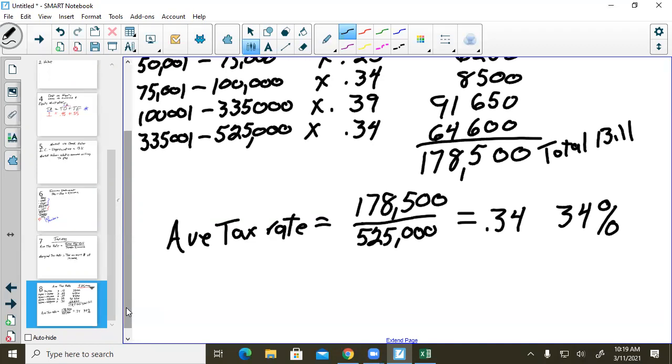So your marginal tax rate is 34%. Okay, does everybody see that okay? So how you feeling, Noah? About the tax? Yeah, I feel like I want to learn some loopholes.